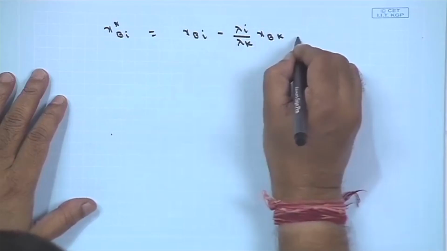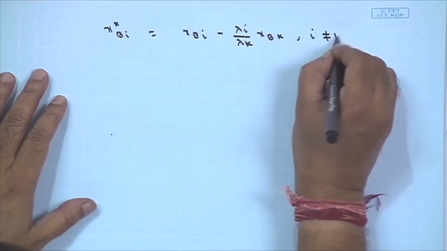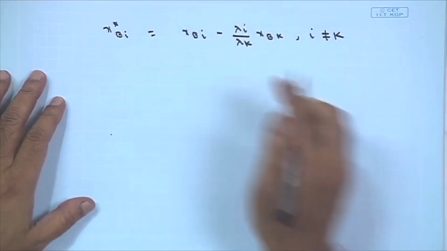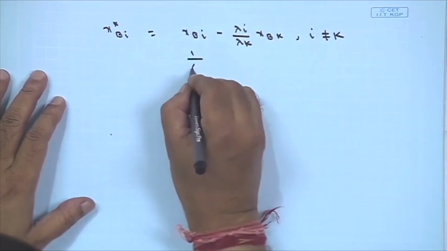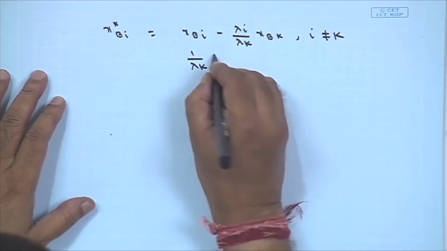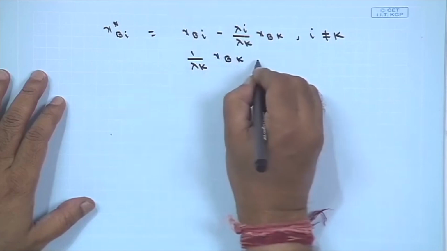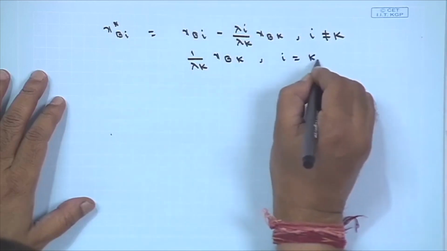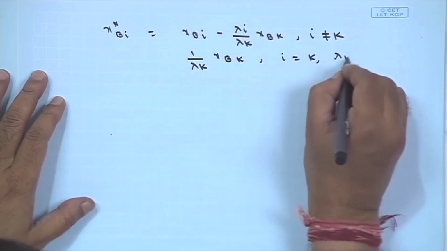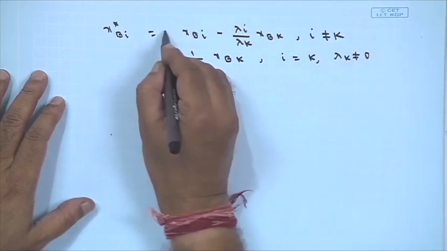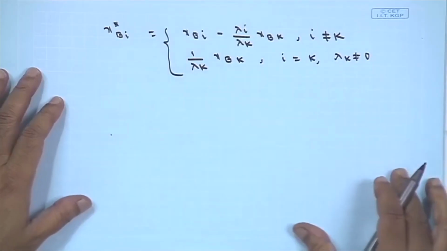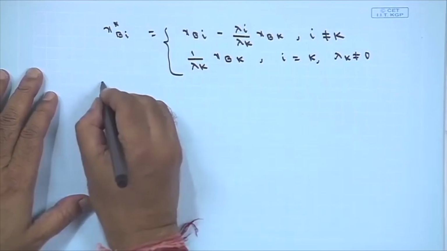Two things will come. This will come whenever i is not equal to k, and the second one will be 1 by lambda_k into x_B_k when i equals k, and of course lambda_k is not equal to 0. So, x_B star we are writing like this, but what is your lambda_k?